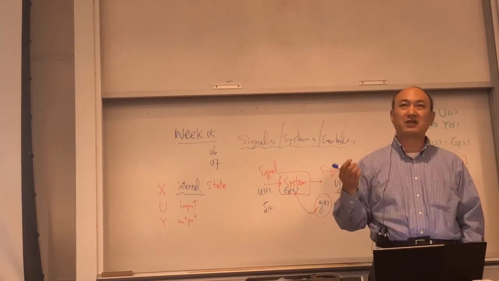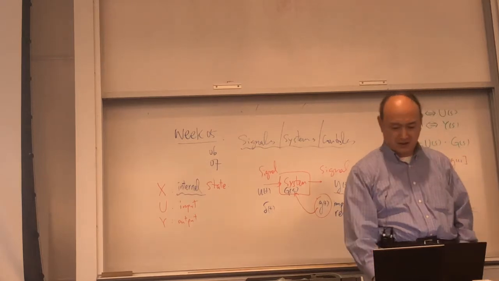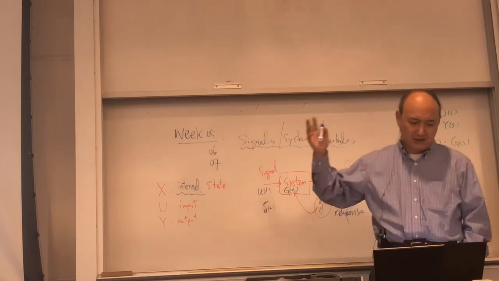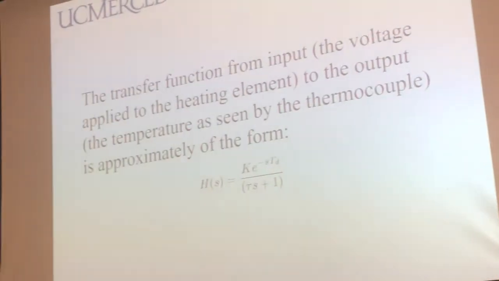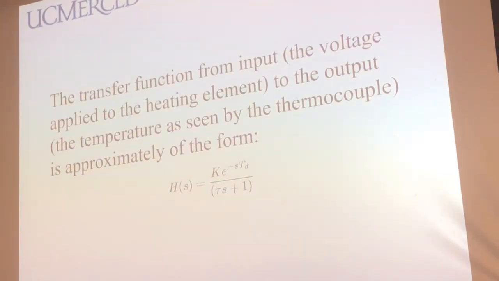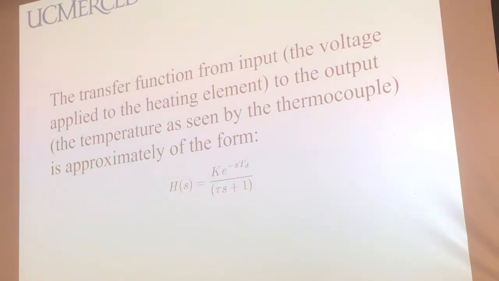And we reviewed last time first order plus delay, FOPDT. So this is pure delay, and this is a heating system. For the temperature system, you get a transfer function. This transfer function has a special name. It's called FOPDT. If I ask you to spell this one for me, now you can, right? First order plus delay time.